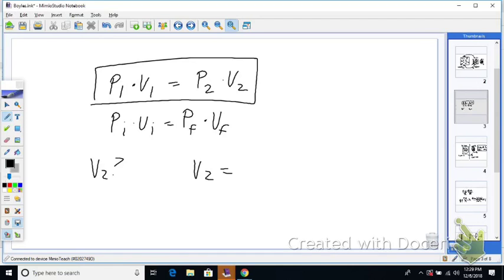Go ahead and plug your numbers in for your different variables so you can solve for the final volume, you can call it. You're plugging in the numbers for number 8. So it would be P1 times V1 over P2. Now all I have to do is plug in those same numbers. It represents those symbols.